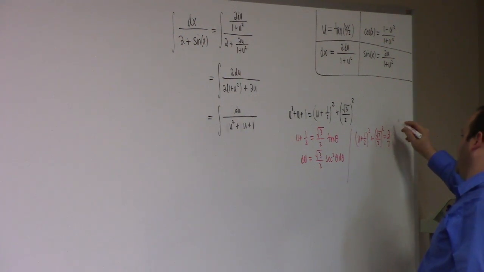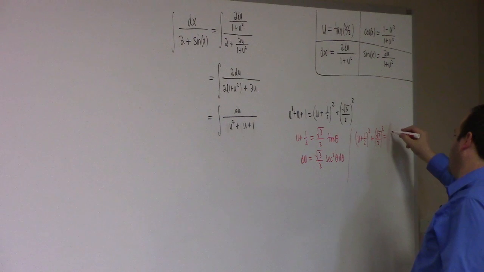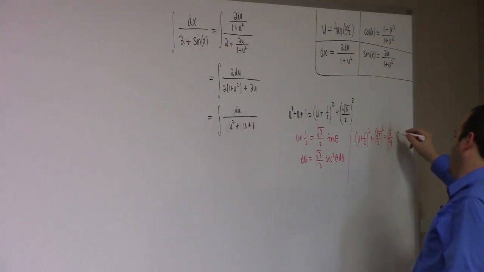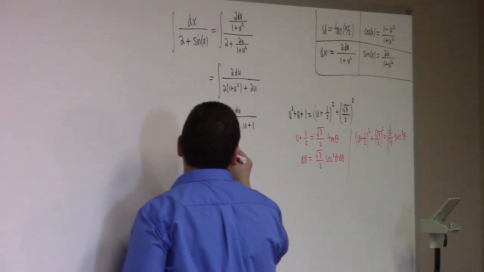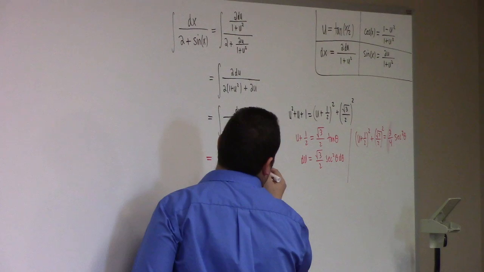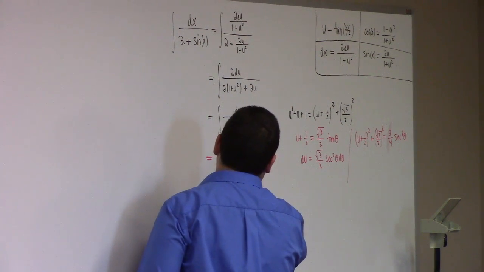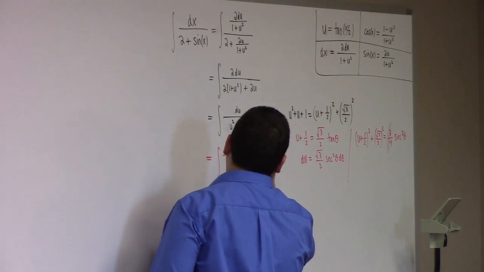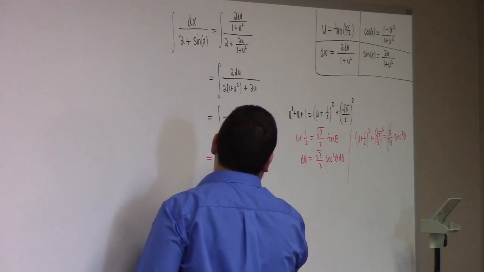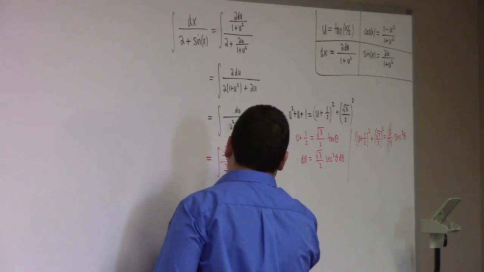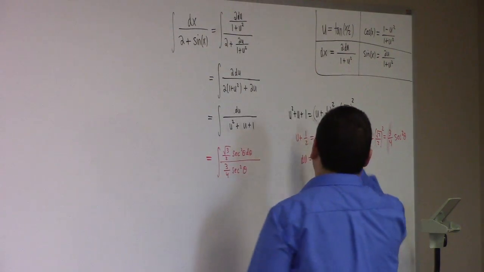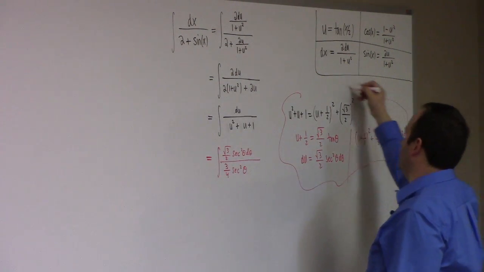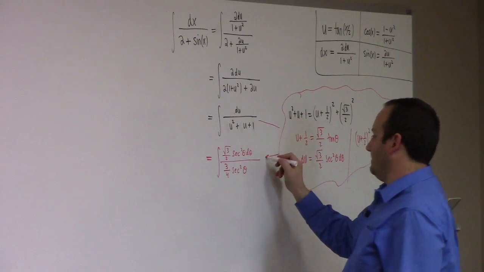Goodness gracious, 3/4 secant squared theta. So my du is square root 3 over 2 secant squared theta d theta. Downstairs simplifies to 3/4 secant squared theta with respect to this trig substitution.